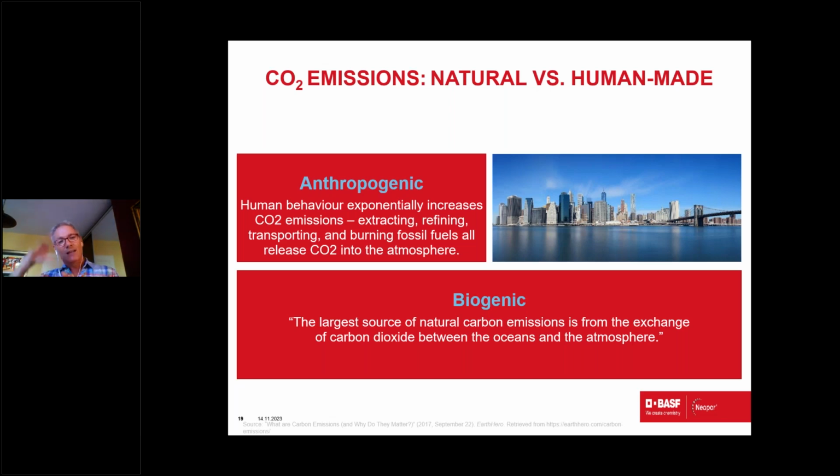So biogenic kind of circulates normally in the atmosphere, and it has for millennia. And then men came along and women came along and all kinds of folks and decided, well, let's dig some of this stuff out that was trapped in the earth and anthropogenically let's burn it. And that's how we got our little balance out of kilter with what's in the atmosphere.